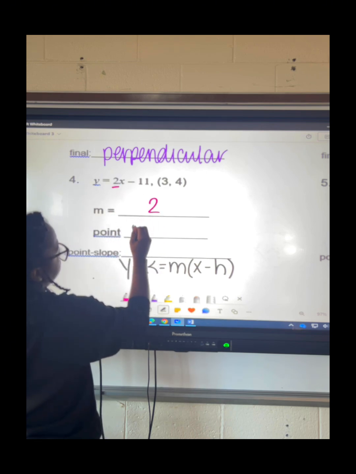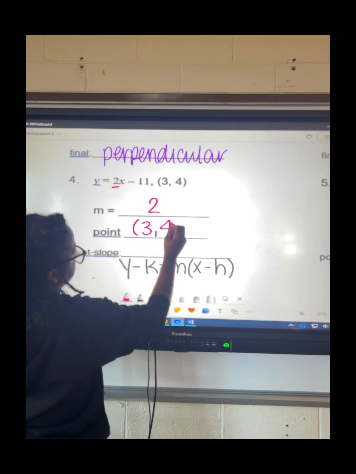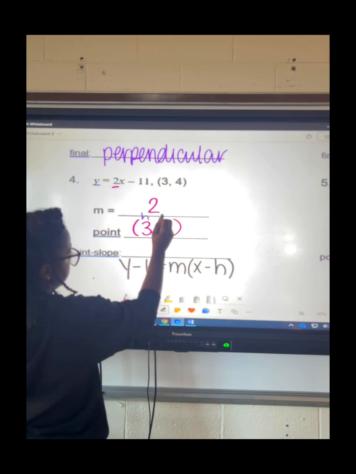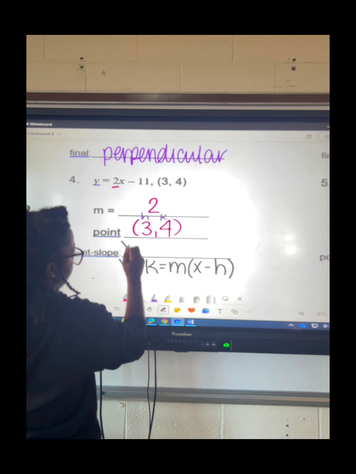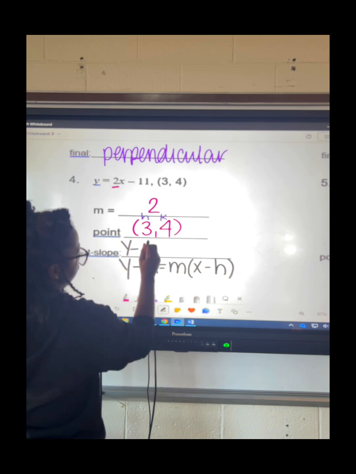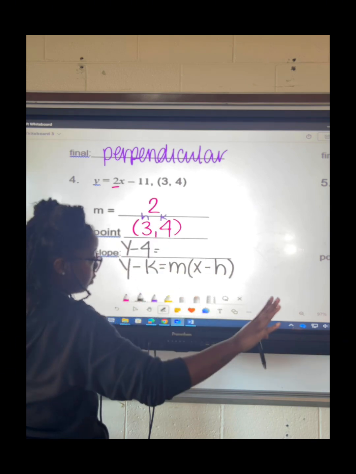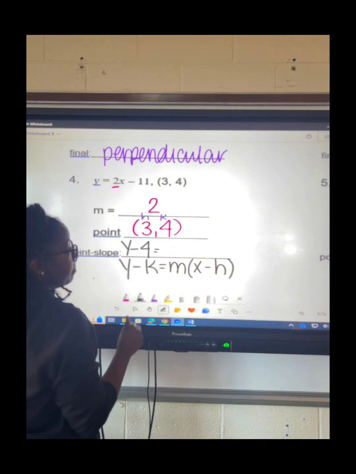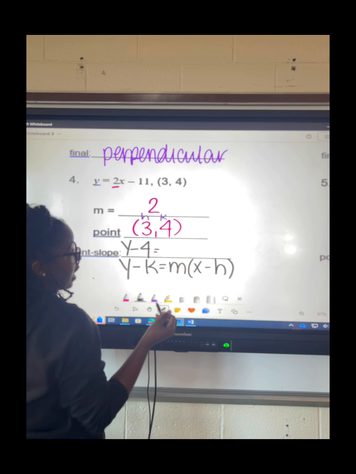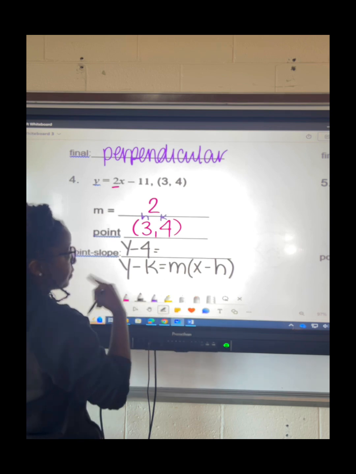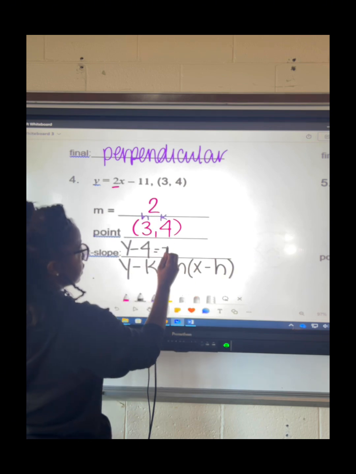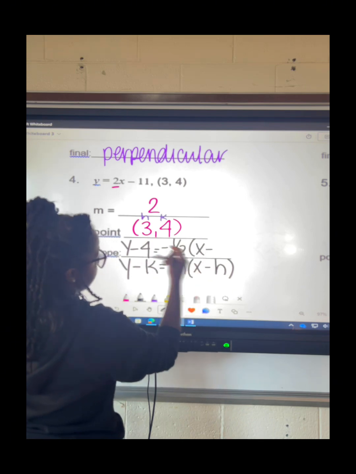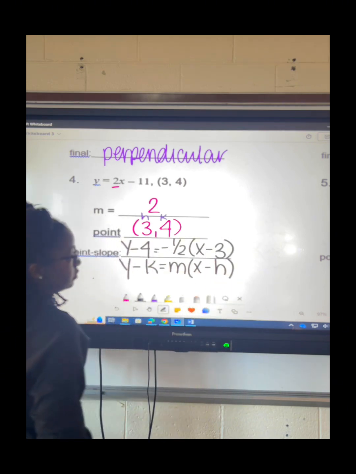My point is 3, 4. Fill in. Remember, this is still h, k. Y minus k, 4, equals, pause. For parallel, I would put 2. But now that it's perpendicular, I have to do the opposite reciprocal. And the opposite reciprocal of 2 is -1/2. X minus h, 3.